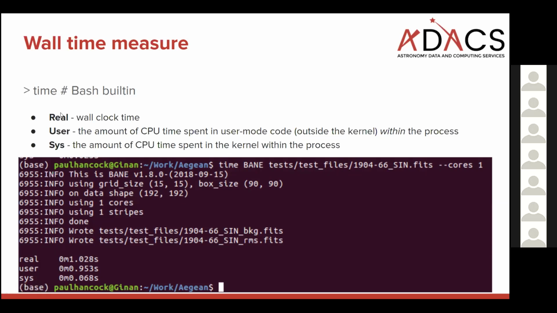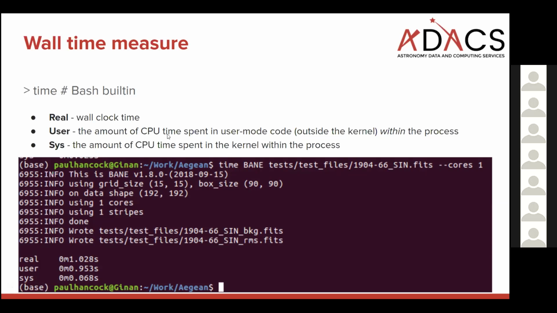It divides this into real, user, and system time. The one that actually makes sense and is useful is the real time. So for the program that I ran here, it took 1.028 seconds. The distinction between user and system time here, and the fact that they don't necessarily add up to the real time, is pages and pages of Stack Overflow and documentation.